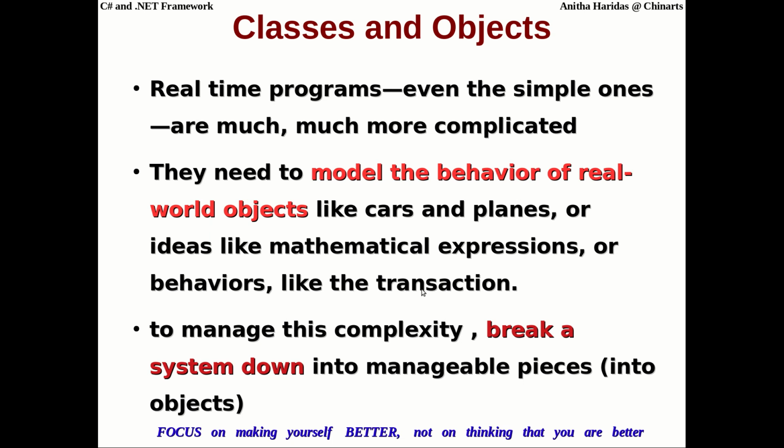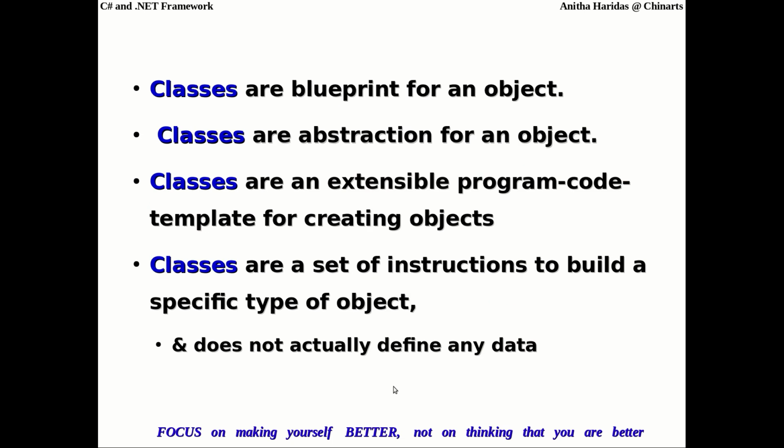These are examples of real-time objects which we will encounter in our program. So to manage this complexity, we break the program into smaller pieces, which become much more manageable. These smaller, manageable pieces are known as objects.